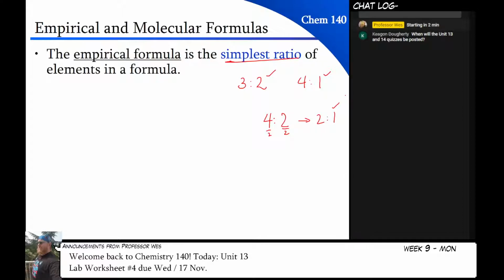When will the Unit 13 and 14 quizzes be posted? Not sure. They're not going to be due on Thanksgiving or on a day that there isn't class, though. So probably week 10? Sometime in there. If we finish this on Tuesday or Wednesday, I'm not going to put the quiz up on Wednesday and have it due on Thursday. That's silly, that's a holiday.